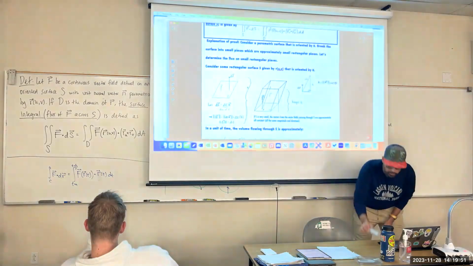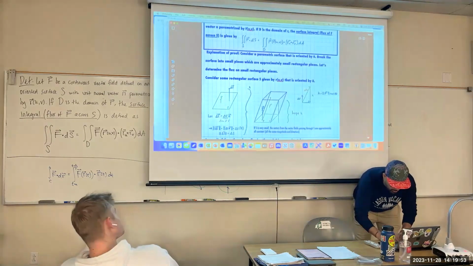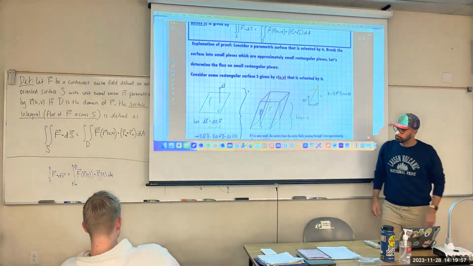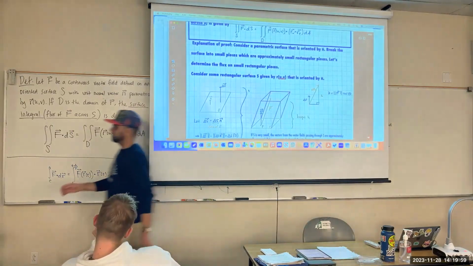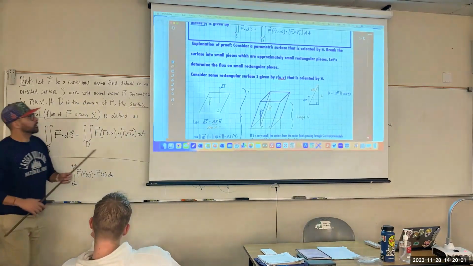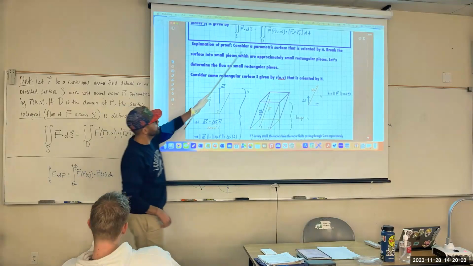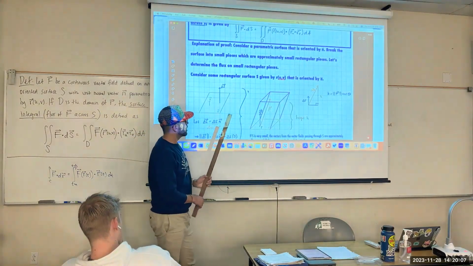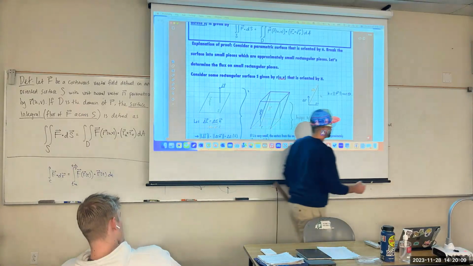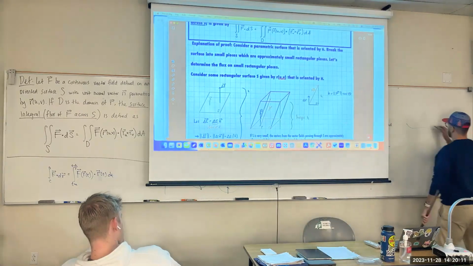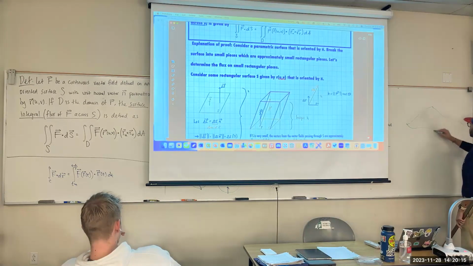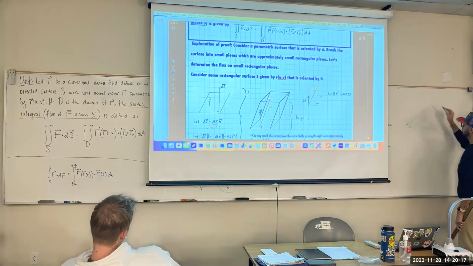So here's an explanation of kind of how this ends up working out. All right, so you have some parameterized surface that is oriented by n. You're going to get your surface, as we did before. You're going to break it up into small little pieces, okay?